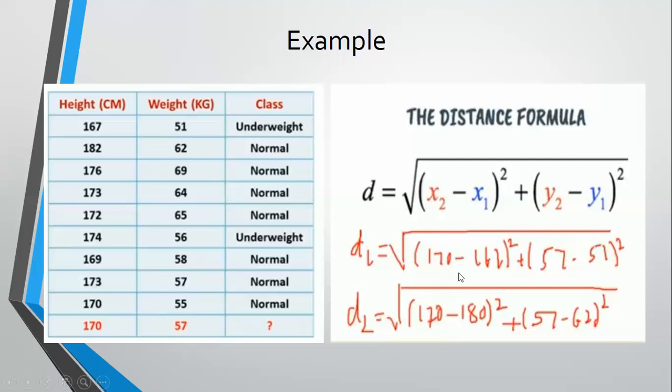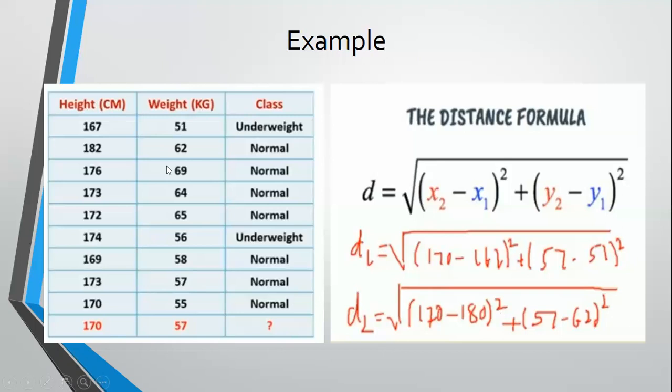Now just apply these values. The first one is (170 minus 167) the whole square plus (57 minus 51) the whole square. This is the first value. Similarly, the second value is (170 minus 182) the whole square plus (57 minus 62) the whole square.